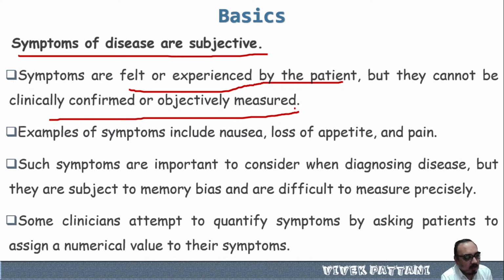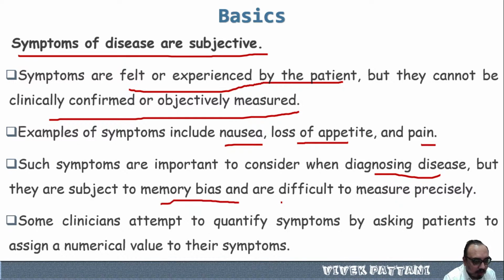These are the feelings or experiences of the patient, which include nausea, loss of appetite and pain. Such symptoms are important to be considered when diagnosing a disease, but they are subject to memory bias and are also difficult to measure precisely.